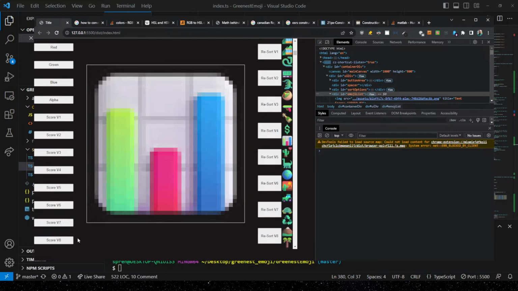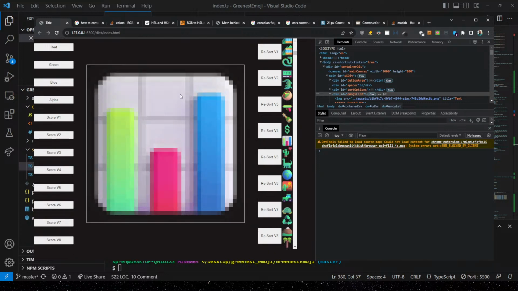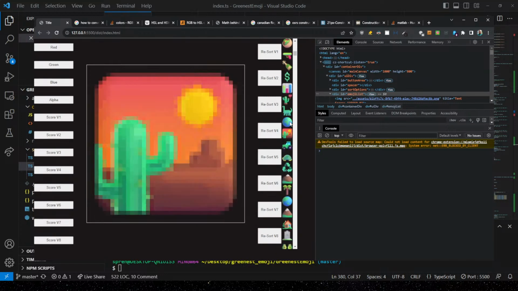That's maximally green somehow. That's not okay. That's not great. And yet, despite these little oddities, it seems pretty okay.